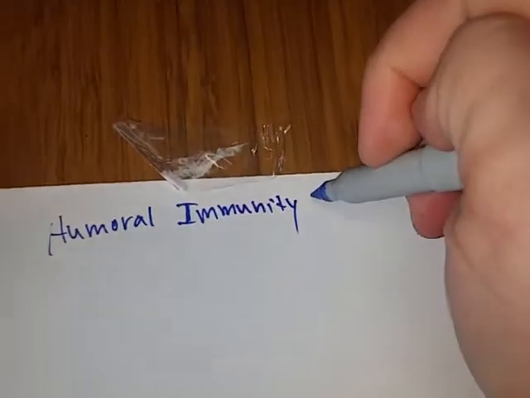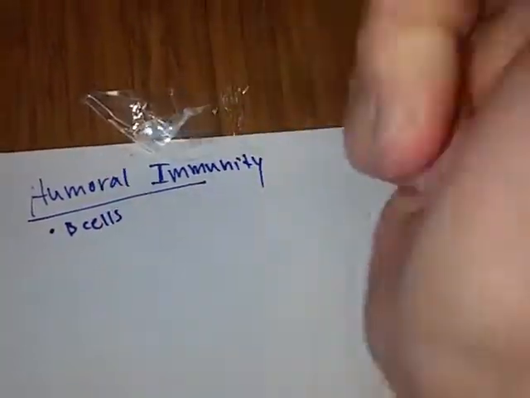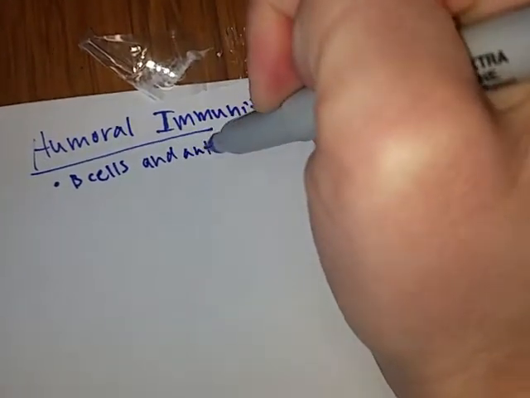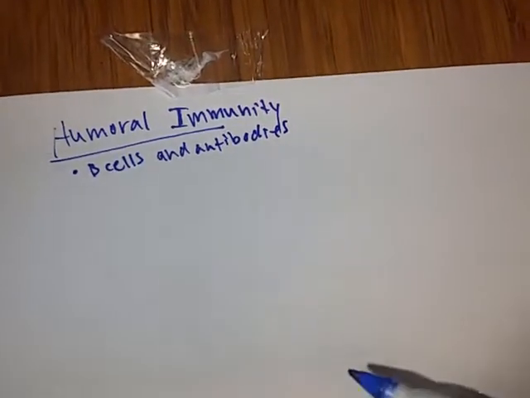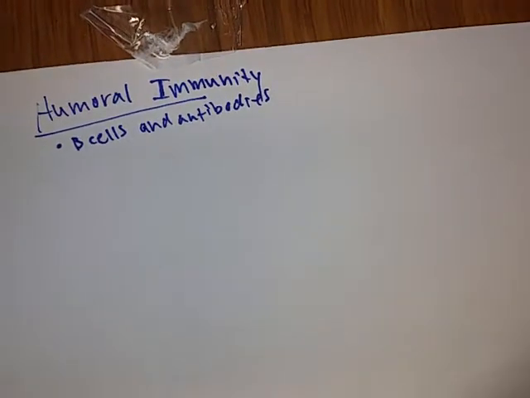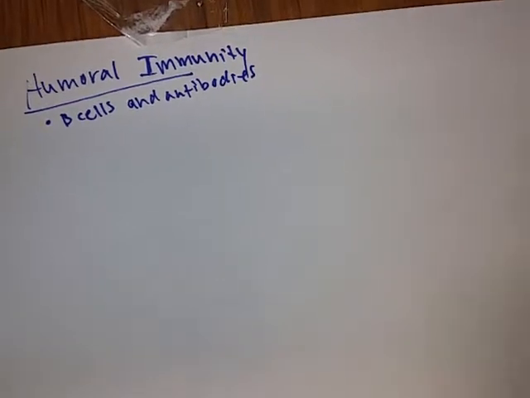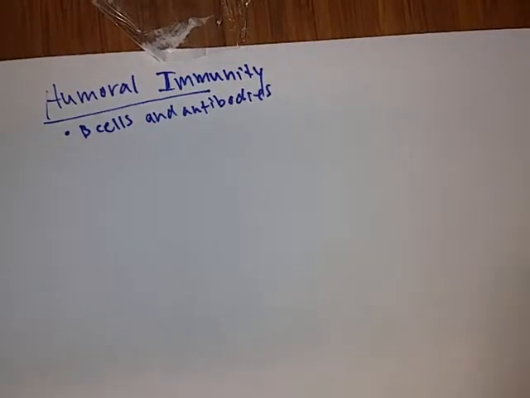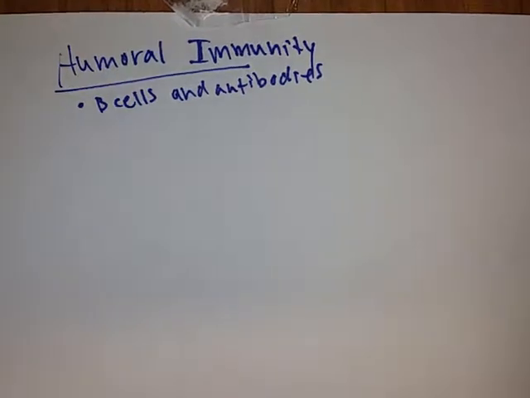This is just going to be when we have things like B cells and antibodies, circulating throughout the blood to try to defend the body from any type of foreign substance or pathogen from entering into the cell. So this is going to be all strictly outside of the cell.